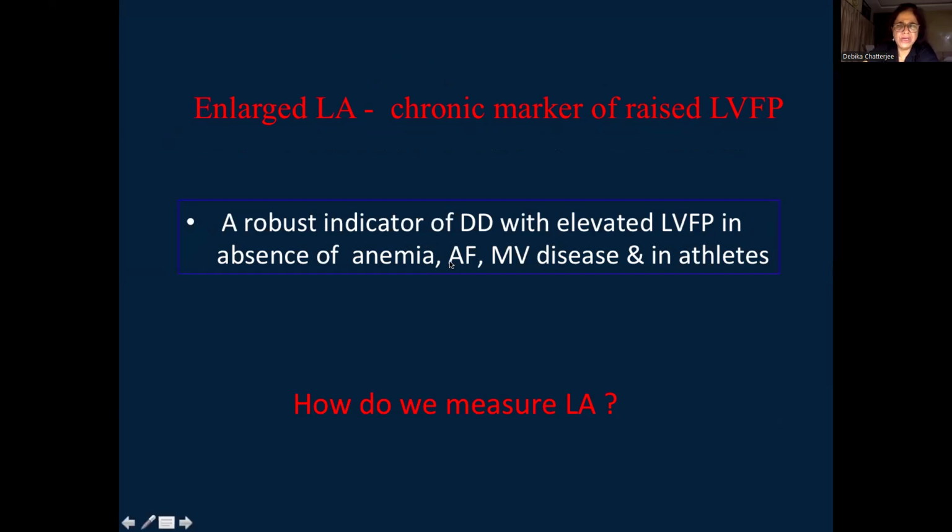Also in atrial fibrillation, mitral valve disease, and in athletes. In athletes, we normally get an enlarged LA. So now the question is, how do we measure the left atrium?